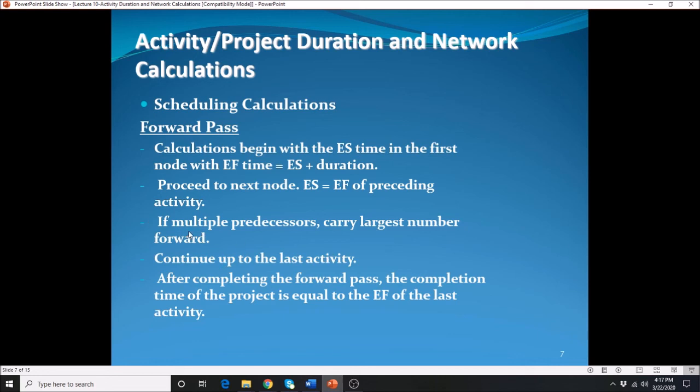Alright, so if there are multiple predecessors, carry the largest number. I want you to keep that in mind as you move from left to right in your calculation. Carry over whichever is the largest number, and then continue on up to the last activity.